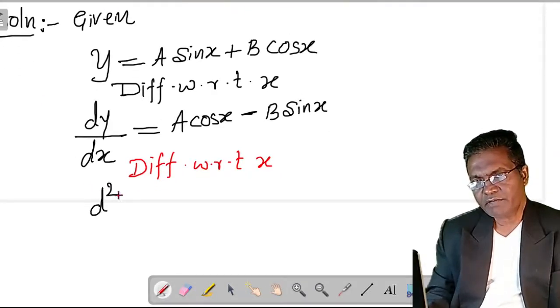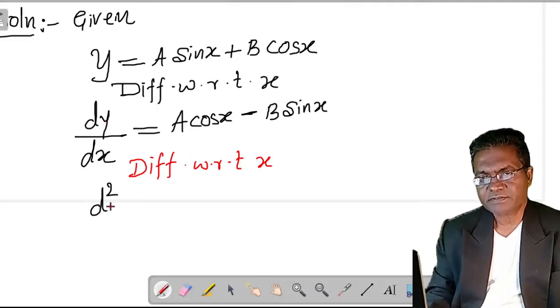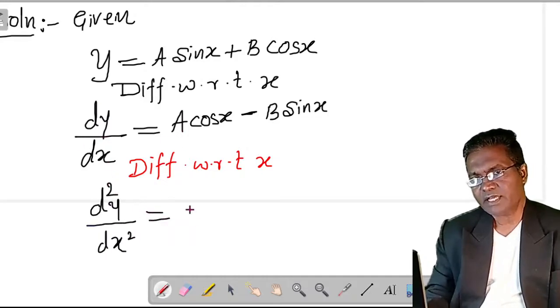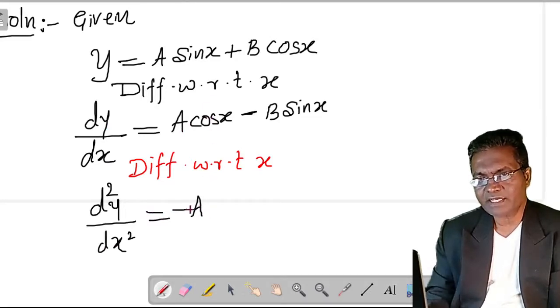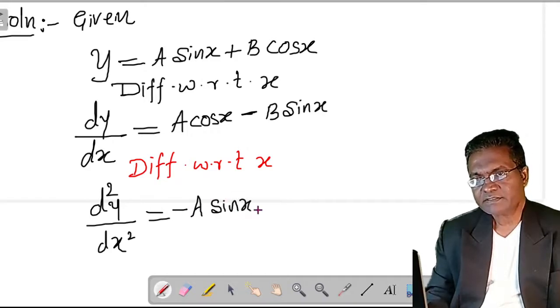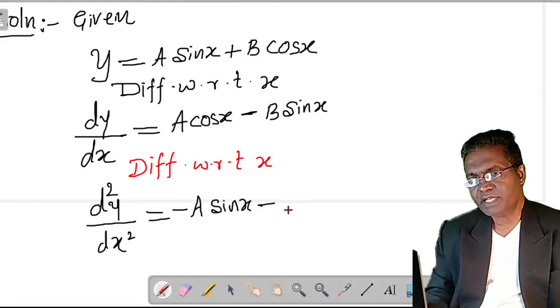So the second derivative is d square y by dx square. Here a into derivative of cos is minus sin, so I write minus a sin x, minus b into derivative of sin x, which is cos x.